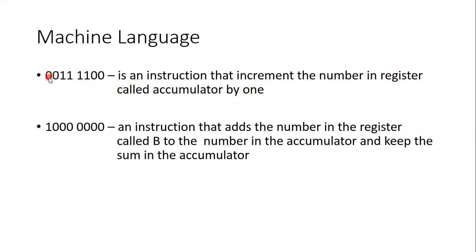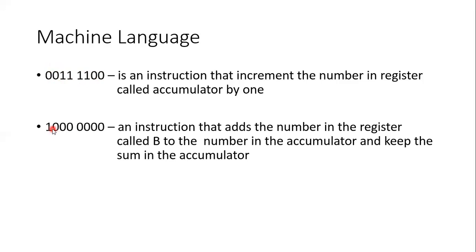That means 0011 stands for the increment, and 1100 stands for the accumulator, that is a register. So we cannot use the same 0011, for example increment, in another machine. It has a different code. Okay.